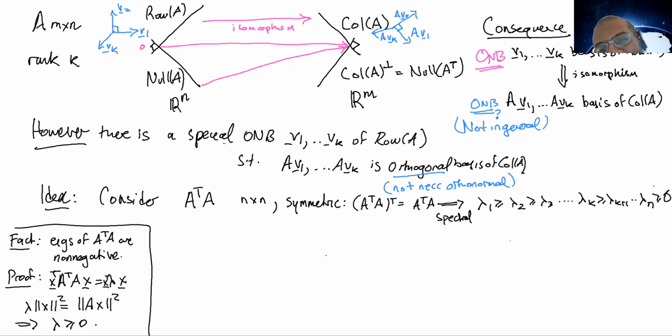How many of those eigenvalues are non-zero, by the way? Anybody have any thoughts? Somebody said n minus 1 at least. Why do you say that? They're unique.